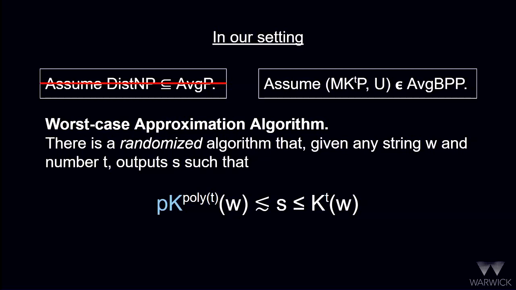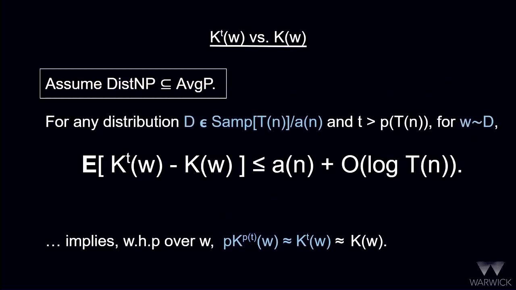But what we end up with is an algorithm that gives us a value s that's sandwiched somewhere in between probabilistic Kpoly of x and Kpoly of x. And a priori, it doesn't look like this would be very helpful at all, because pKT and KT can be as far apart as you'd like. There's nothing tying them together in general. So how do we get around this issue?